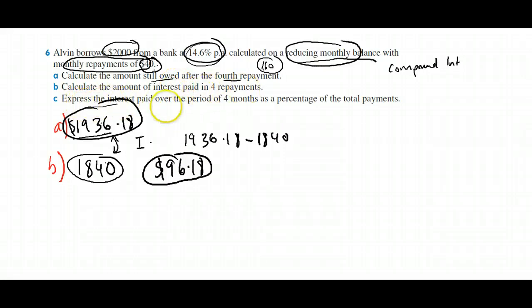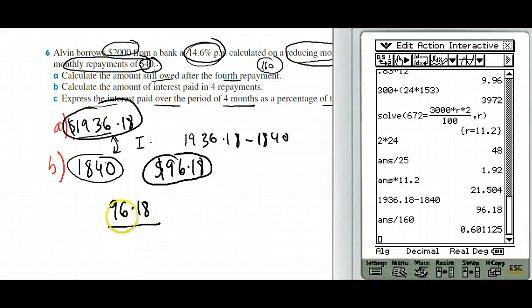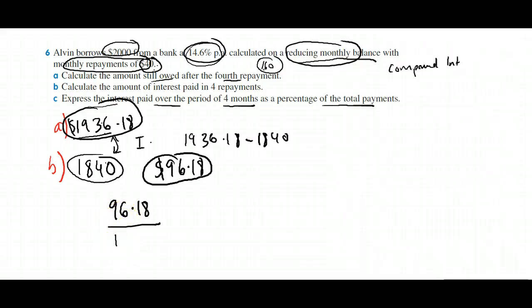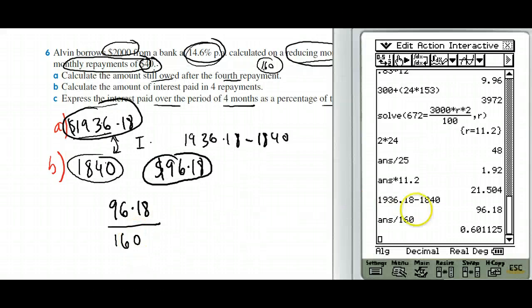Finally, express the interest paid over the period of 4 months as a percentage of the total payments. The interest paid over the period of 4 months was 96.18. We just worked that out. We've got to express that as a percentage of the total payments. So it's going to be that amount divided by the total payments, which were 160, which we'll put into the calculator here.